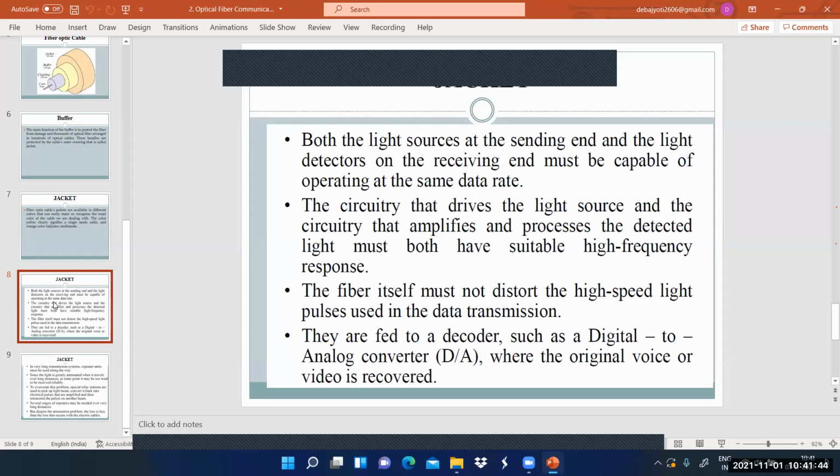So for this reason you can say that we are getting high speed data with the help of optical fiber cable. That's why it is at this moment widely used. We need high speed data, high speed internet. With the help of optical fiber cable, we are getting high speed internet compared to other communication systems.